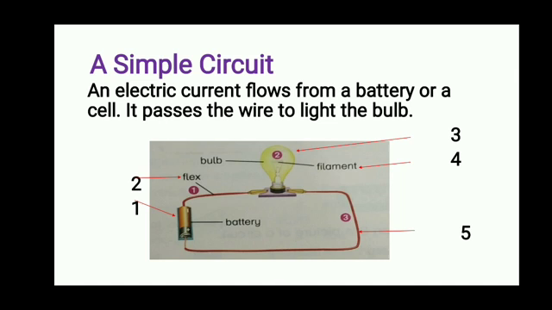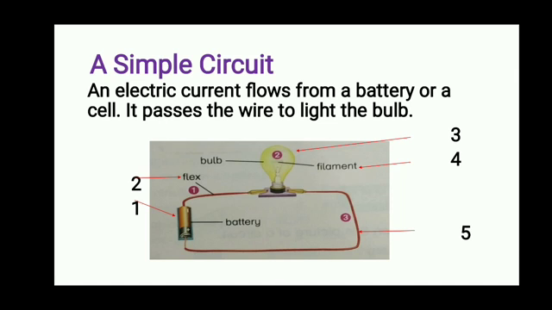At point 2, we have a wire, or we call it a flex too because it is covered with plastic. So class, we can see that the wire is connected with a battery, and at the other end it is connected with a bulb, which is a device which will use the electricity provided by the battery through wires.